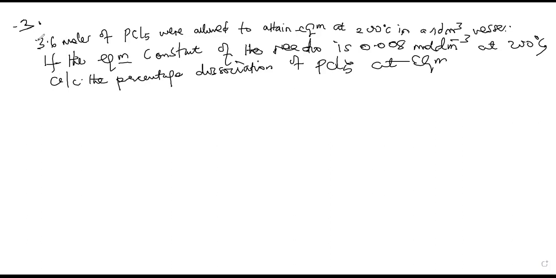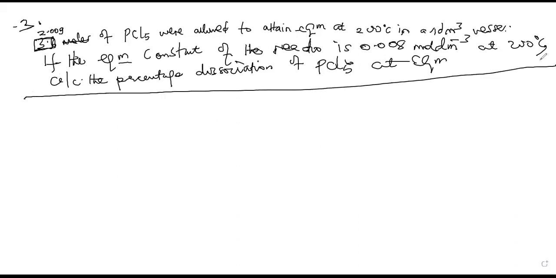Let me change here so that it becomes very easy for us to interpret. 2.00 grams, not moles. When you see grams, it means you have to first convert them to moles by yourself.